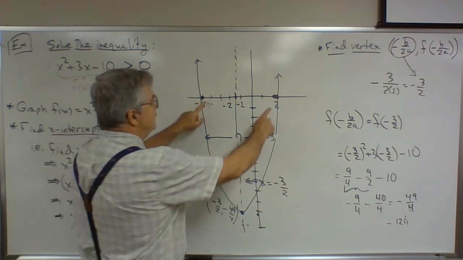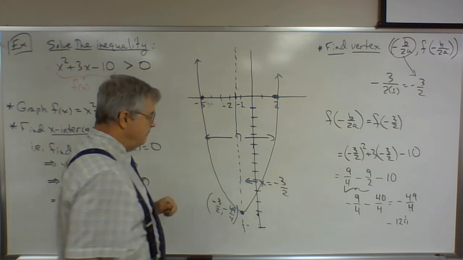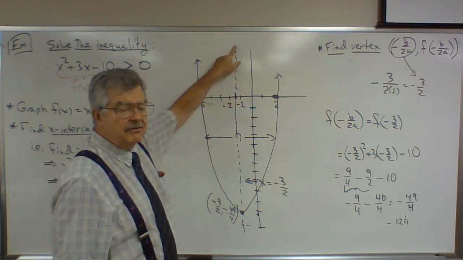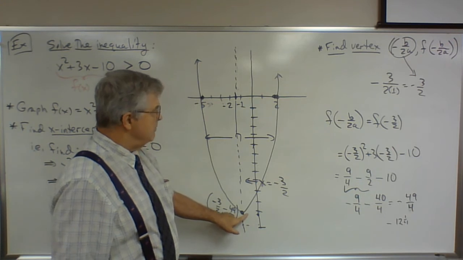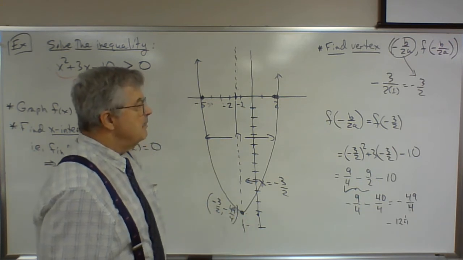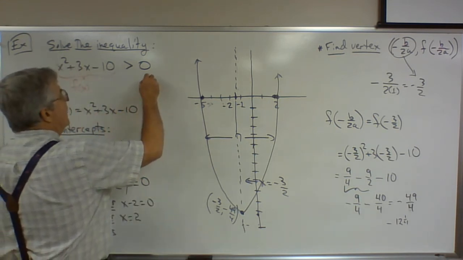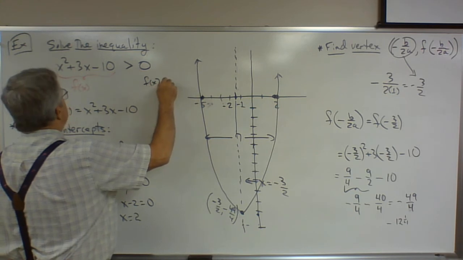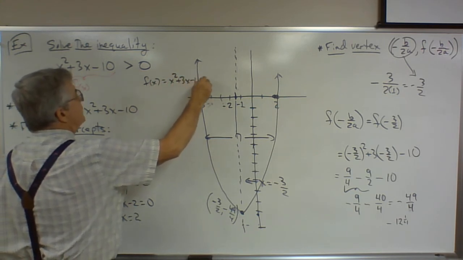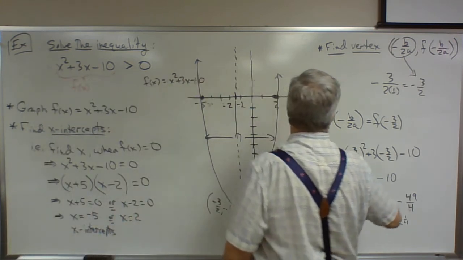We had the two x-intercepts, and the vertex was going to be halfway in between. But was the vertex going to be above the x-axis, or was it going to be below the x-axis? Now that we've drawn the graph of f of x equals x squared plus 3x minus 10, we can finally answer our question.